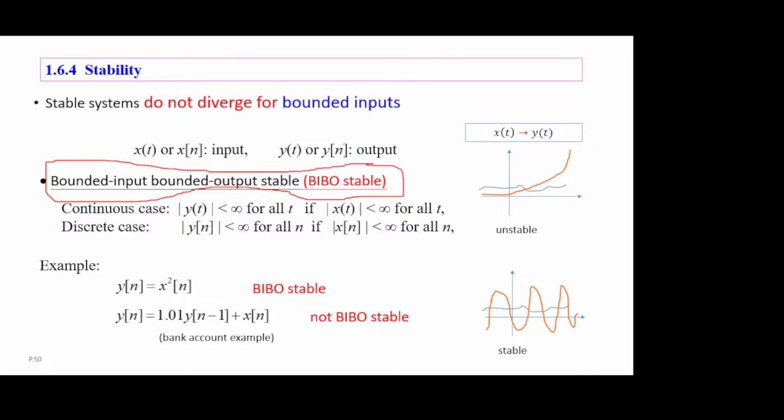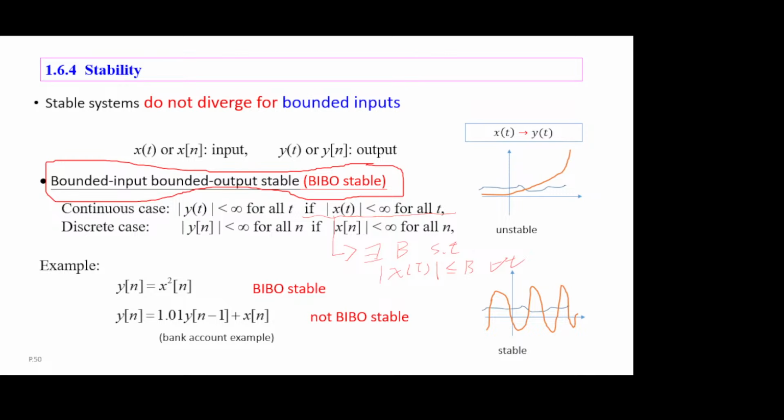If you want to be more precise, it means there exists some number b such that the absolute value of x of t is less than or equal to b for all t.